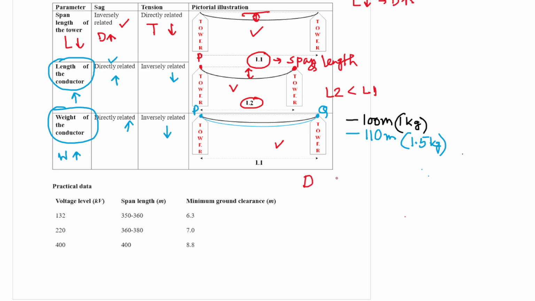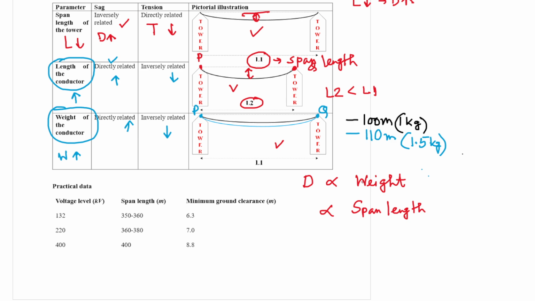Number 1 parameter is weight of the conductor, so it should go directly proportional, intuitively. Second parameter is span length. Span length and length are basically the same thing.